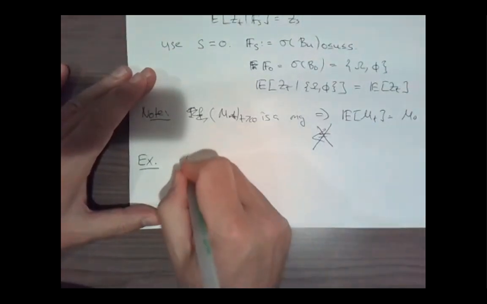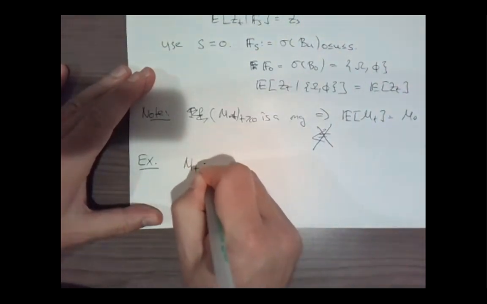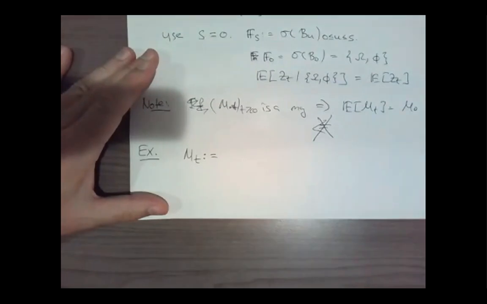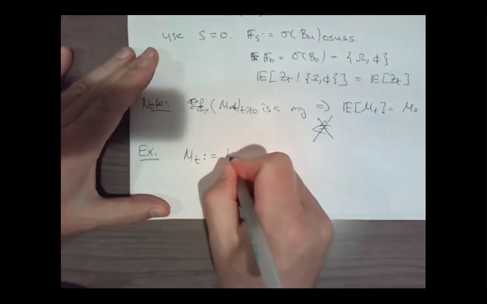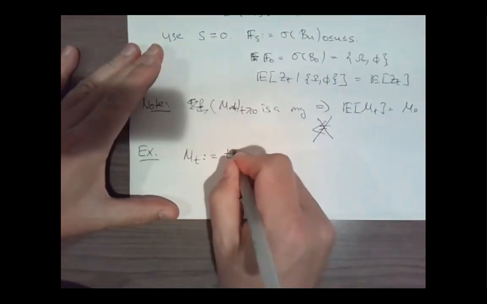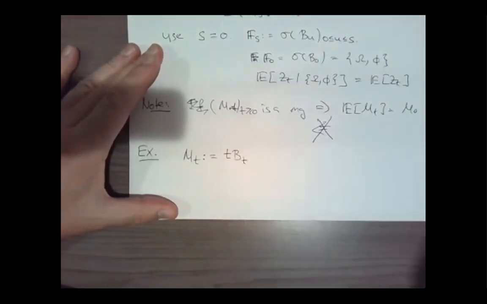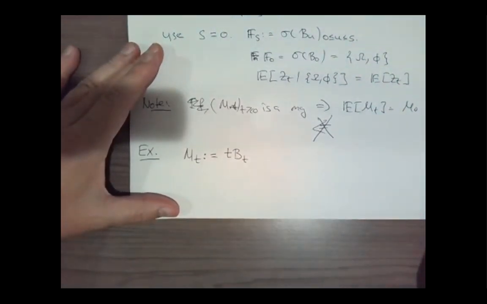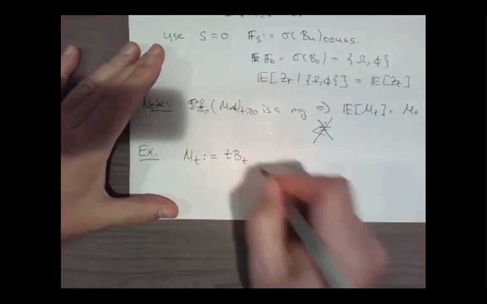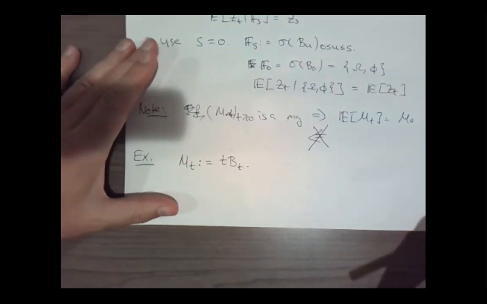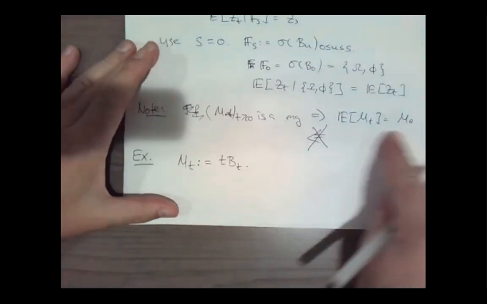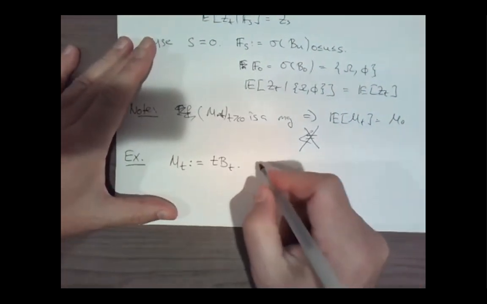So let's do an example. If I take M_t to be t times B_t, does it have constant expectation over time? Let's test it out.